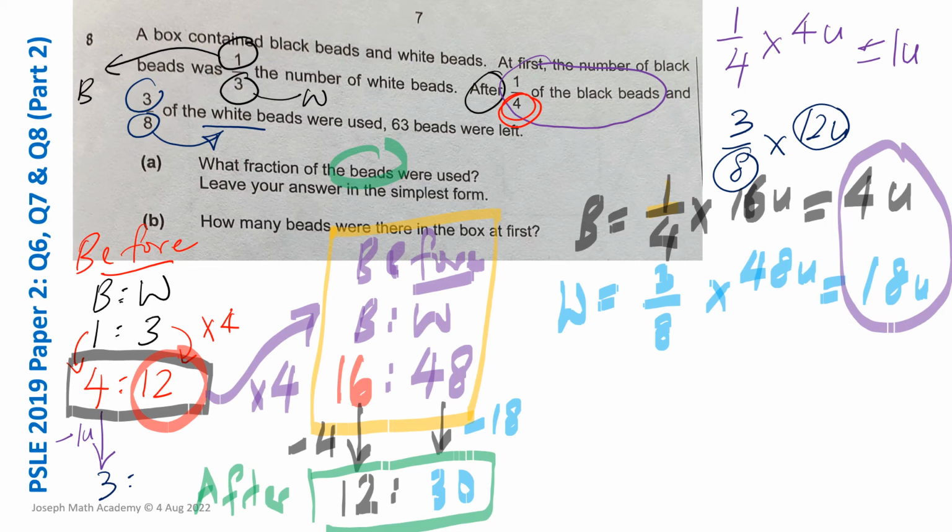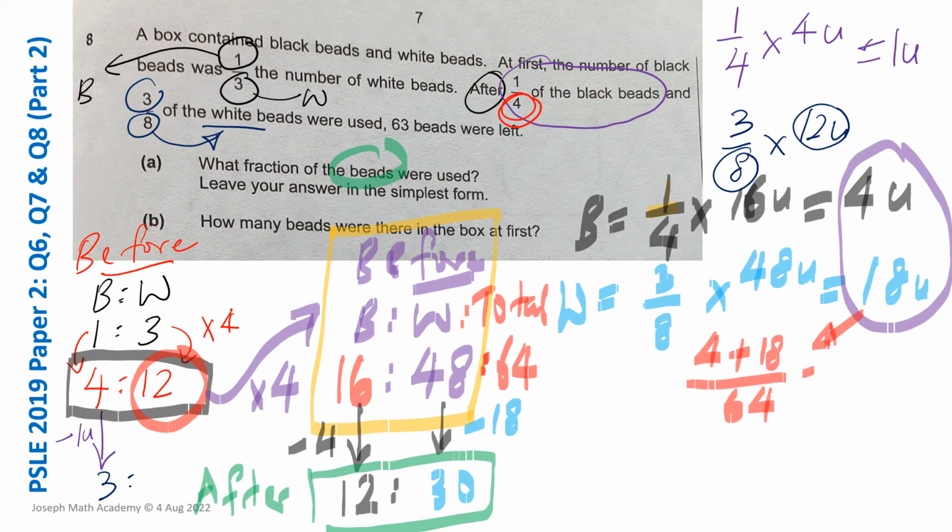Now we also need the total beads, because a fraction needs to have a total. The denominator is a total, so the total is 64 here. So the used beads will be 4 plus 18 out of 64. If I use my calculator, key in the information, I should get 11 out of 32. So A is done.